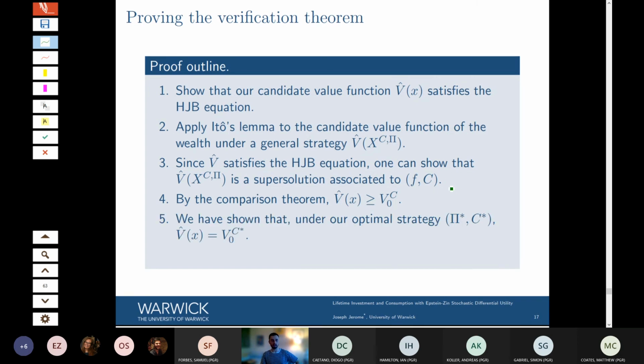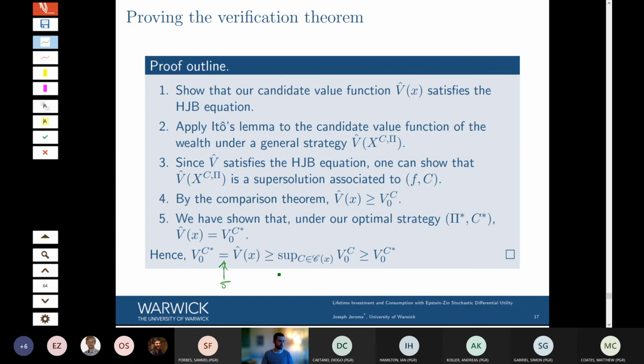And then you can also show that under our candidate optimal strategy, because it's got an explicit form, we have equality. So we have equality from number 5. We take the supremum in number 4 and we get this. And then we just use that C star is attainable to get this. And that gives us equality of the problems.